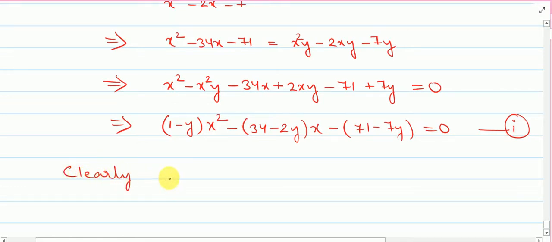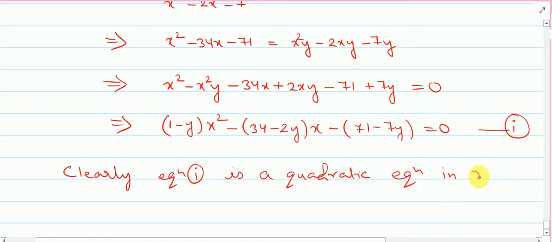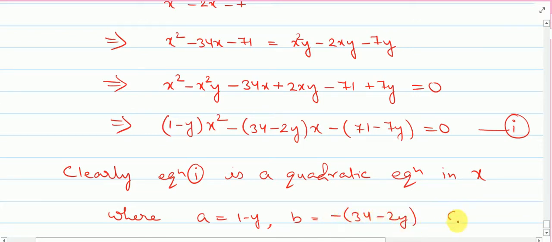Clearly equation 1 is a quadratic equation in x, where your a is equal to 1 minus y, your b is equal to minus (34 minus 2y), and your c is equal to minus (71 minus 7y).